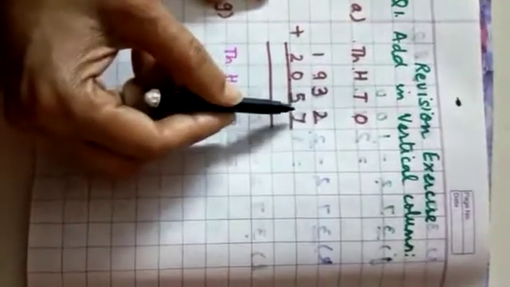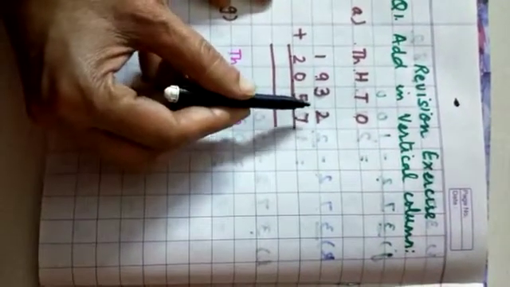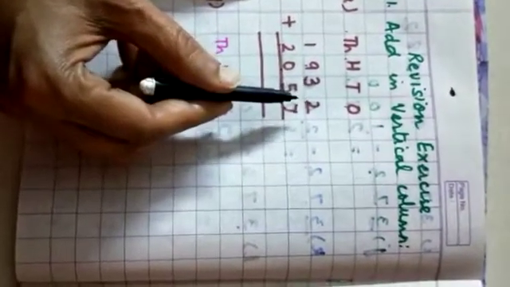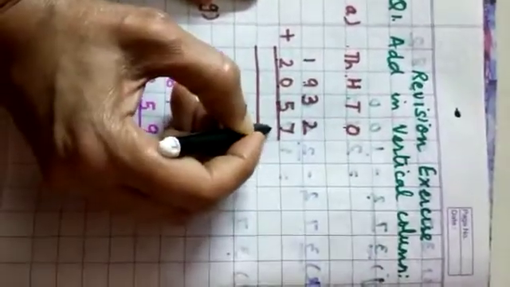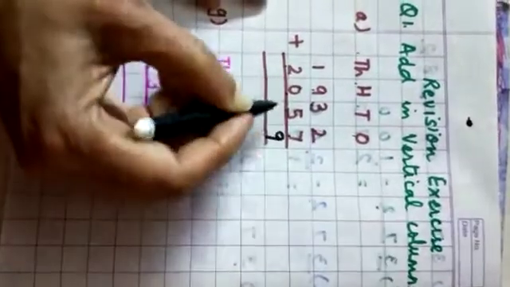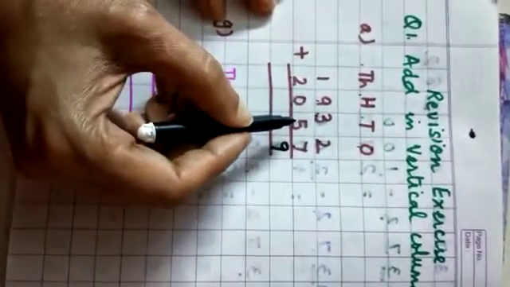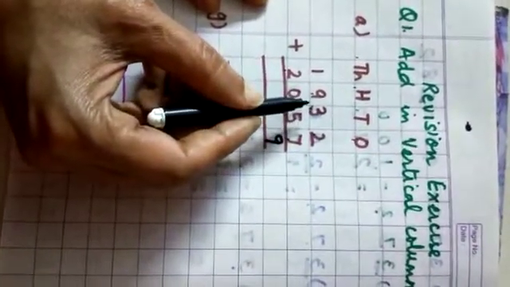Now 2 plus 7, which is a smaller number, 2. Take out your 2 fingers and move forward after 7: 8, 9. So we'll write here 9. 3 plus 5, which is a smaller number, 3.